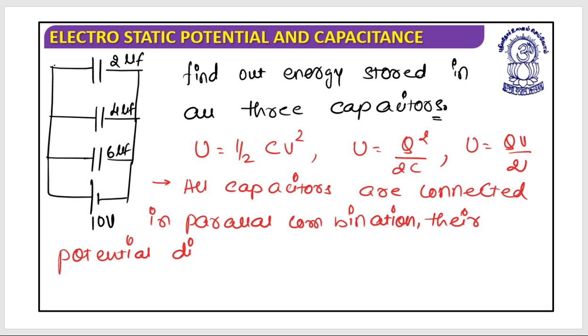So what I know is that U is equal to half CV square would be the most suitable.